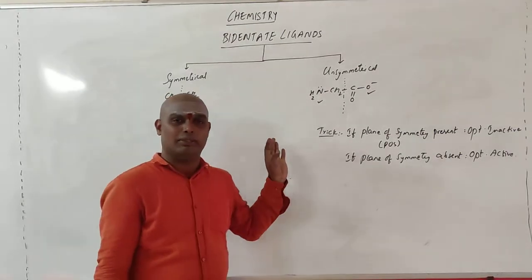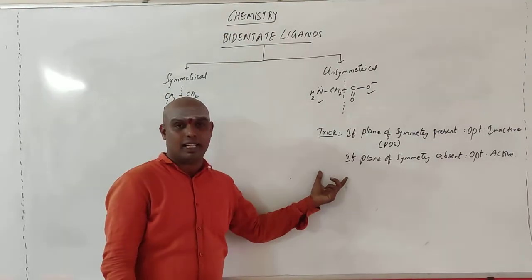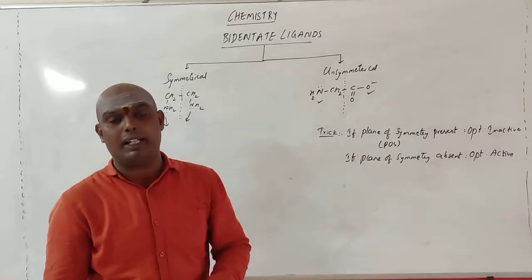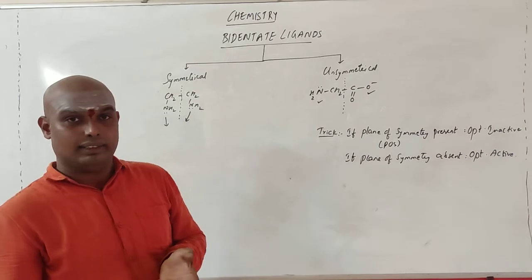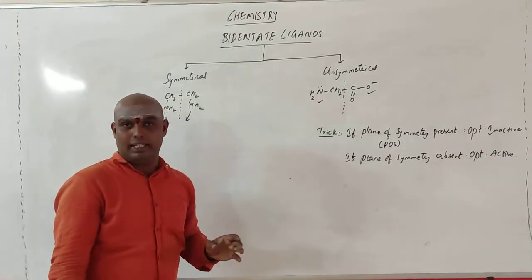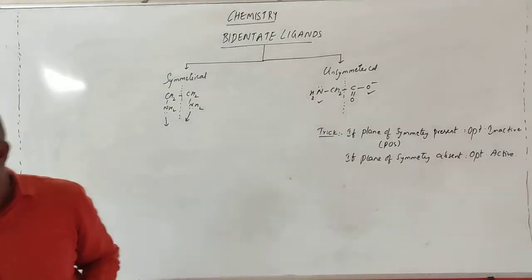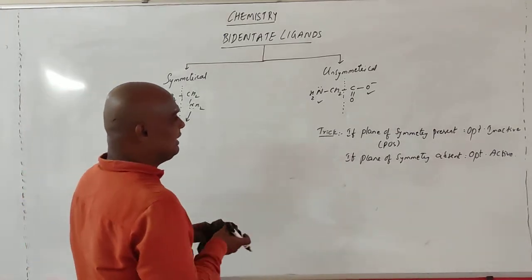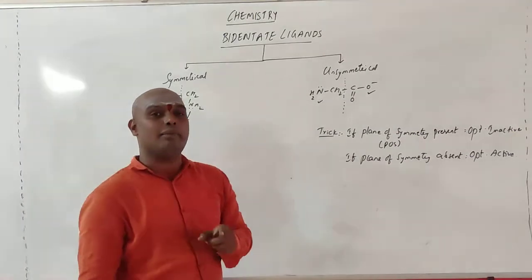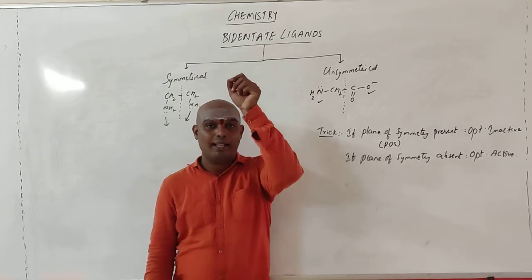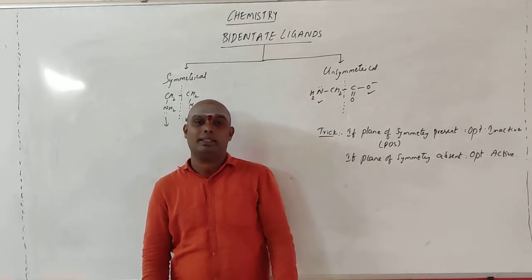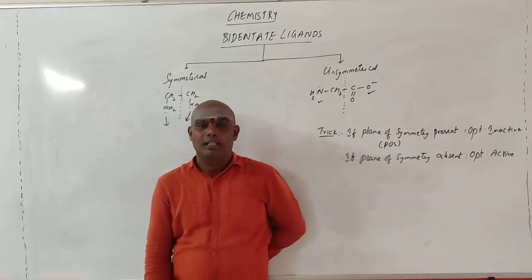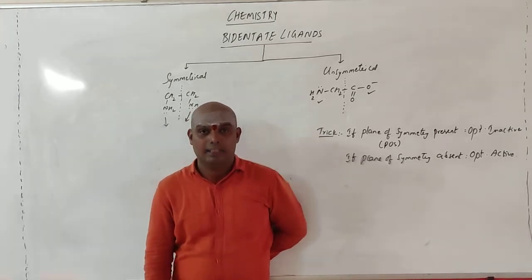How to find that out? First this is the trick, and then how to find out whether it is optically active or inactive. That is the condition, and we shall discuss it later. In two minutes I will tell you that. Once again, I am repeating what symmetrical means. If you draw an imaginary line in the molecule and the two equal halves are the same, then it is called a symmetrical ligand.